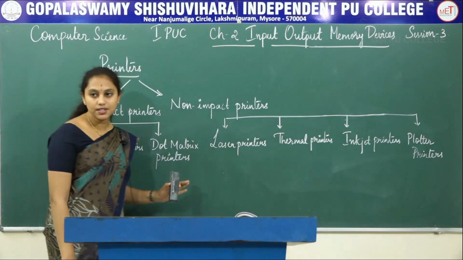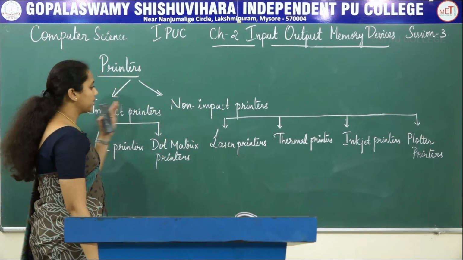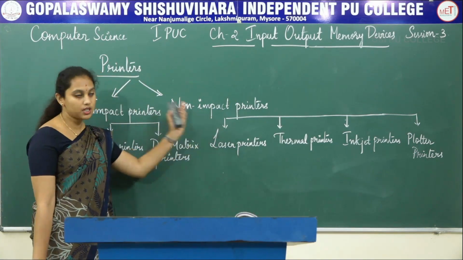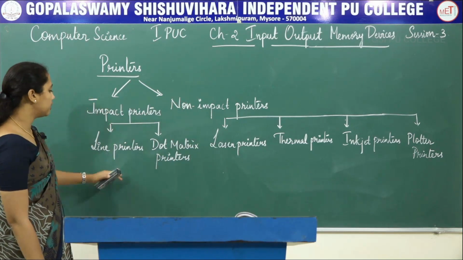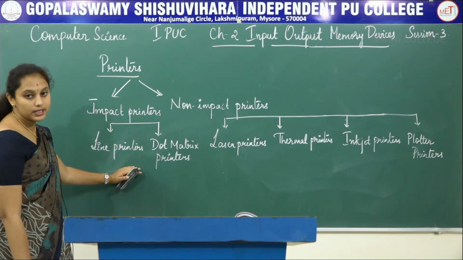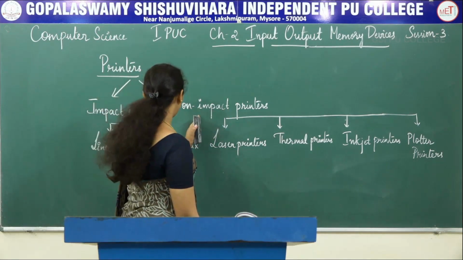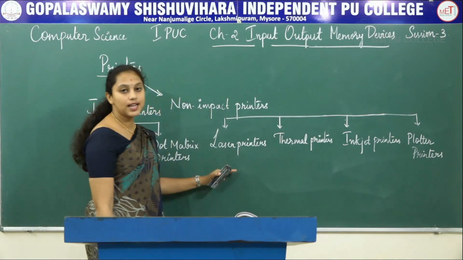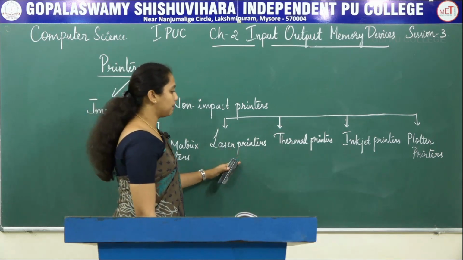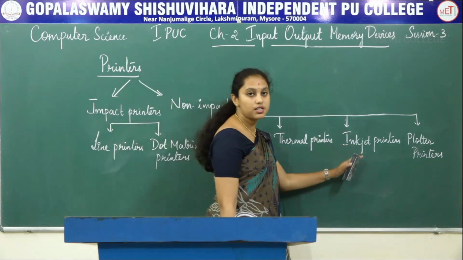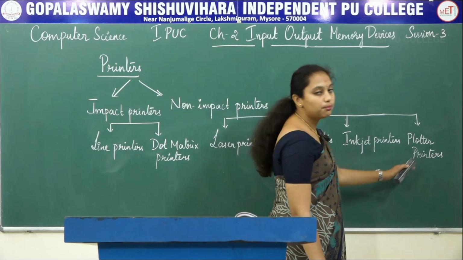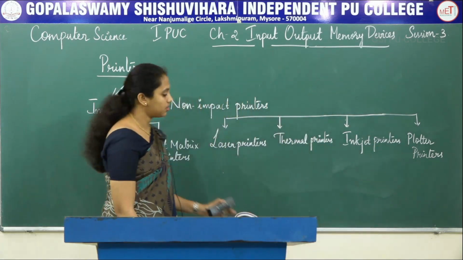So printers are classified into impact printers and non-impact printers. Impact printers are further classified into line printers and dot matrix printers, and non-impact printers are further classified into laser printers, thermal printers, inkjet printers and plotter printers.